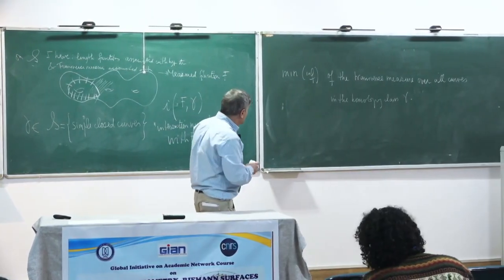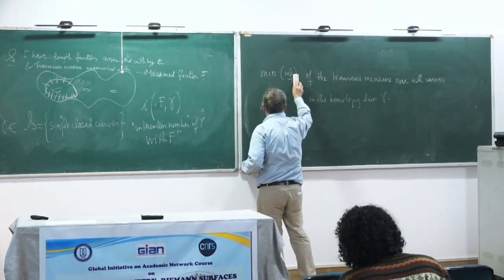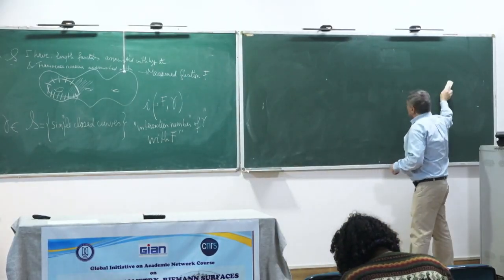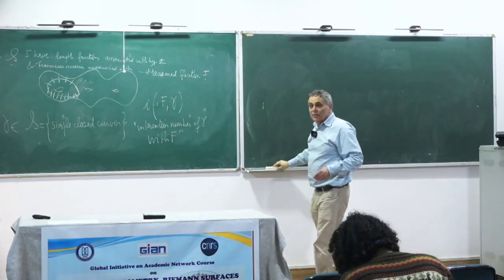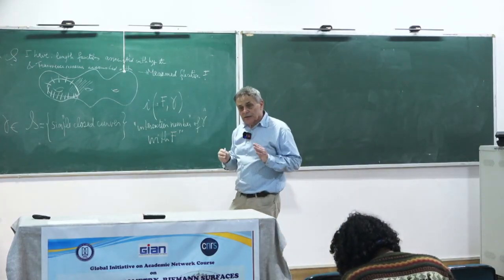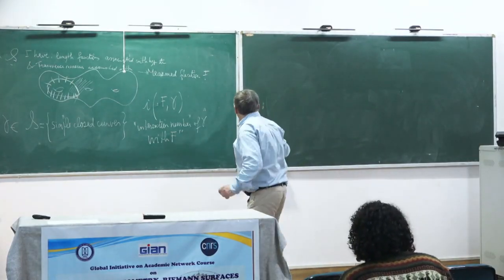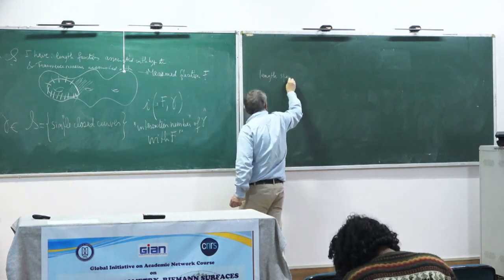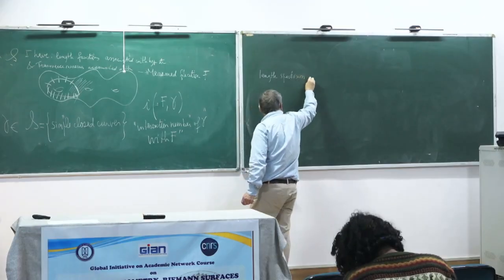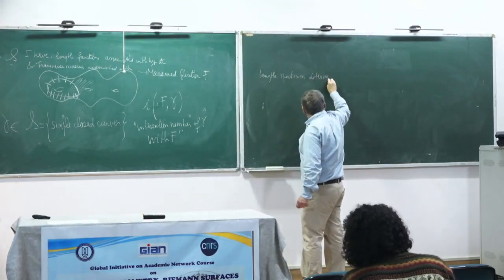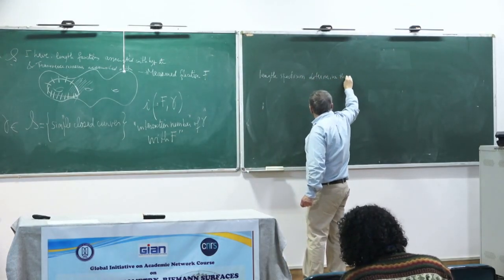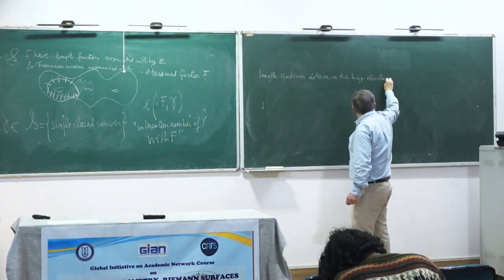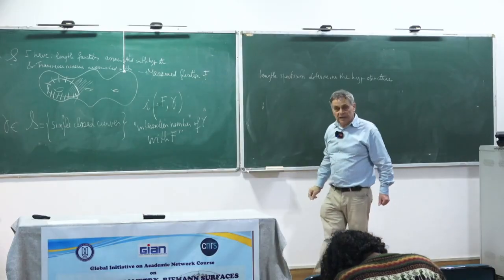Okay, let me write it here. It's something which is analogous to what I said for hyperbolic structures. You remember I said that the length spectrum determines the hyperbolic structure. Right?